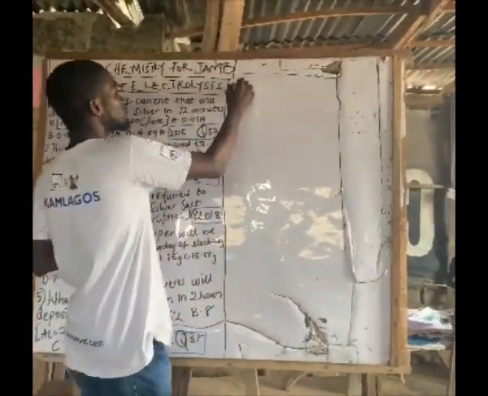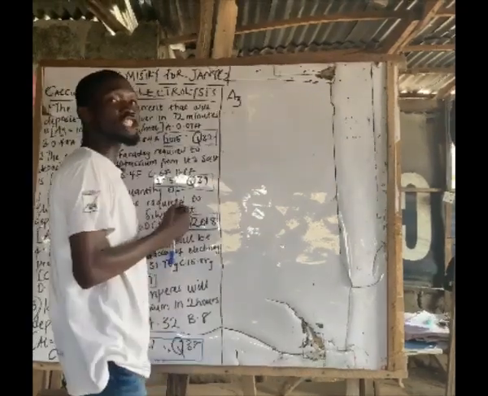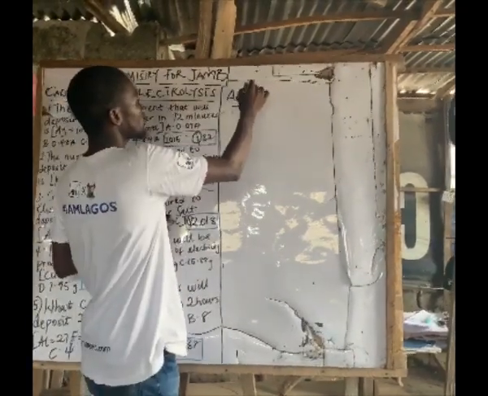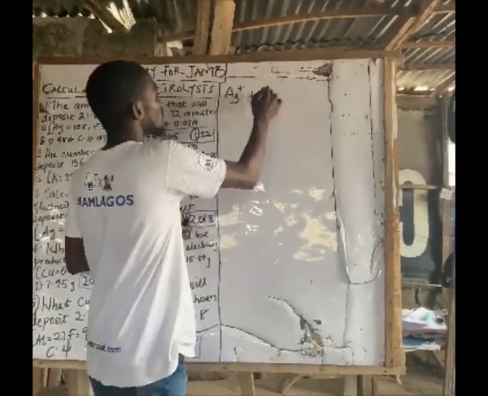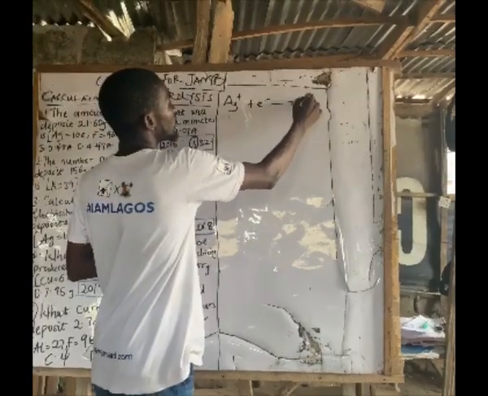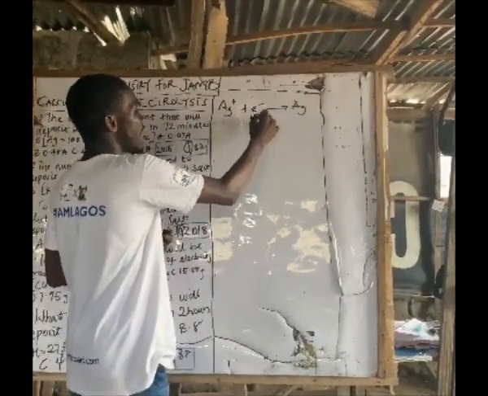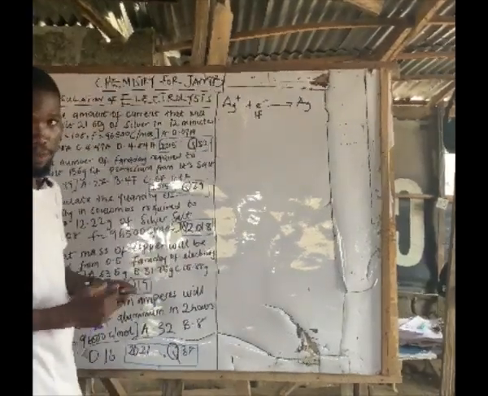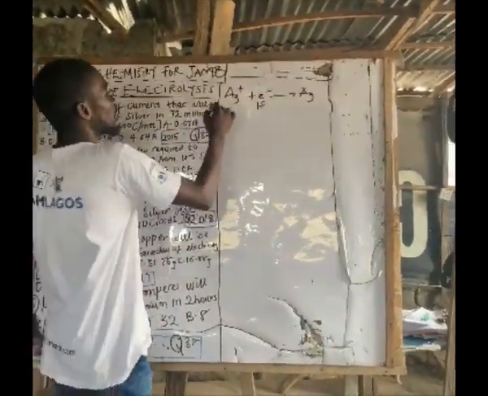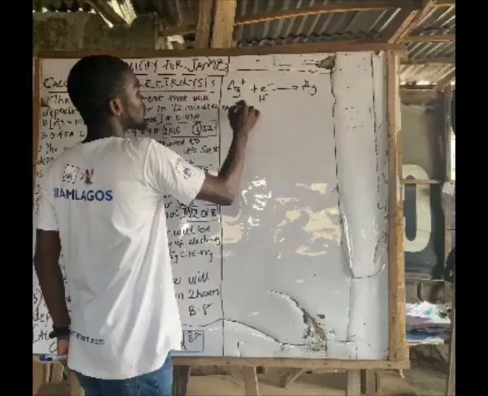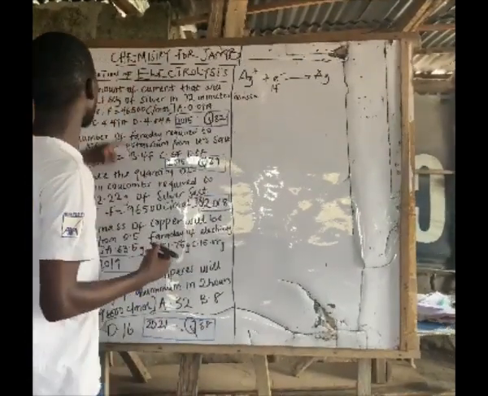So I have Ag, and the oxidation number of silver is plus 1, so we have plus e. Don't forget, if you have something like this, you have 1 Faraday.